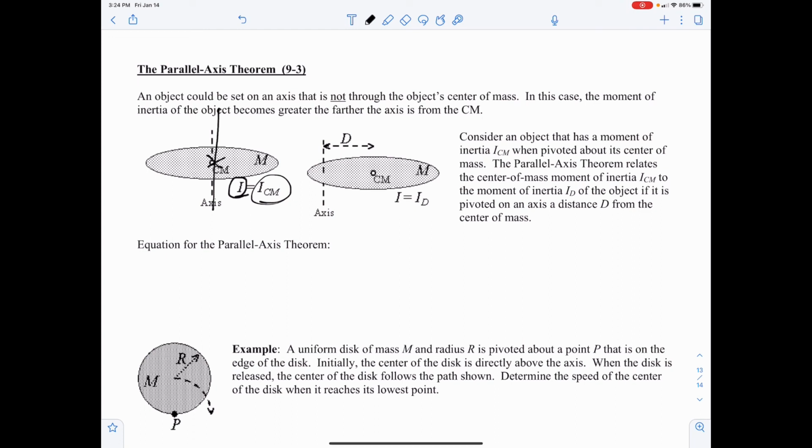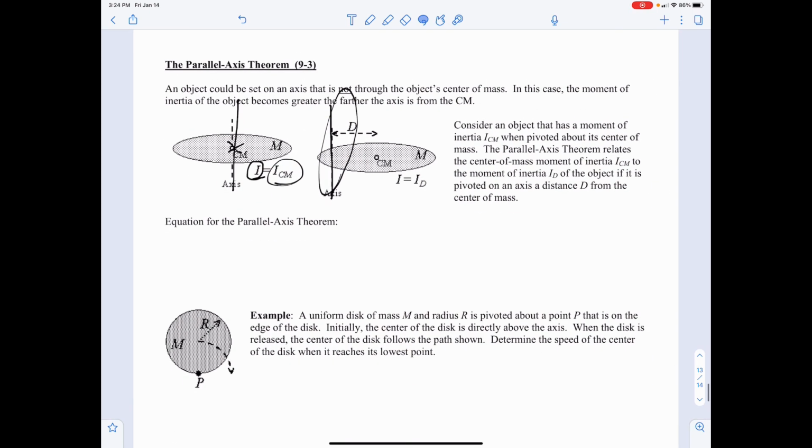But let's say we were to rotate it about that point right there. That would look like this. Kind of hard to do that, but you get the idea.